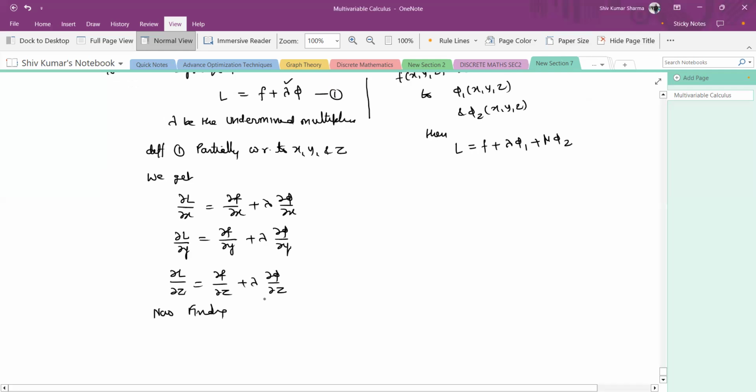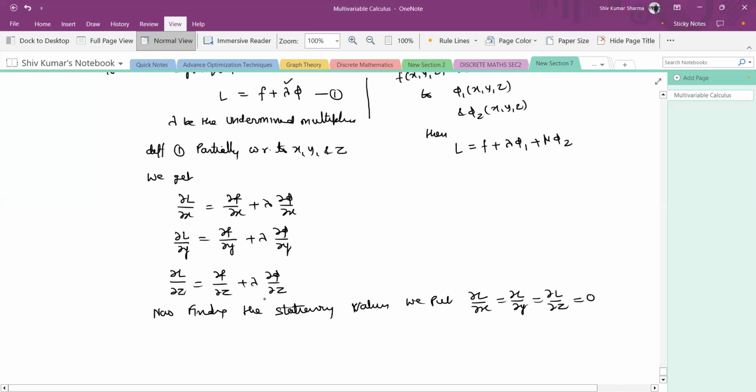Okay, so now finding the stationary values. For stationary values, we put del L upon del x is equal to del L upon del y is equal to del L upon del z equal to 0.